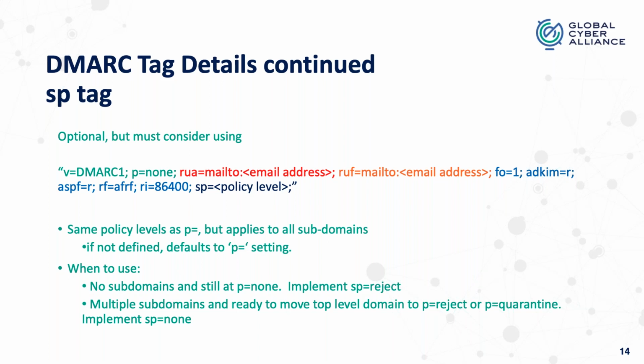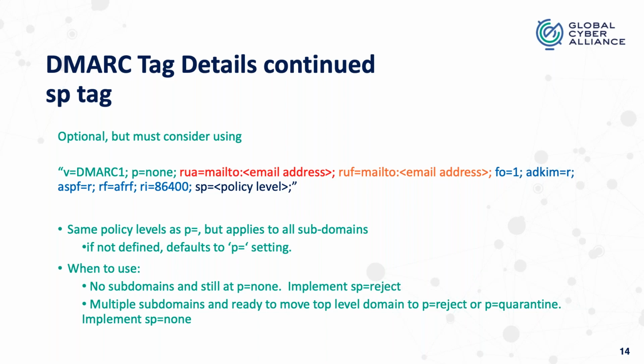And the policy levels are the same as the P tag. So it's SP equals none, SP equals quarantine, SP equals reject. Same set, same values. But it's a matter of the situation that you're in and whether you need to use it or not. So one example is when you're working with P equals none, right? What's preventing people from using a subdomain of your top level domain?